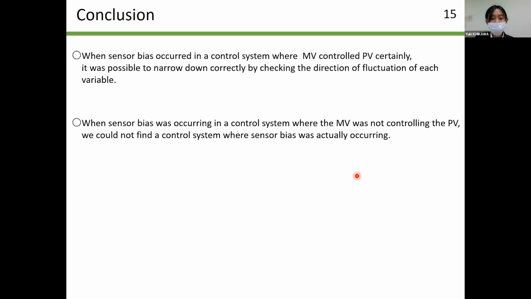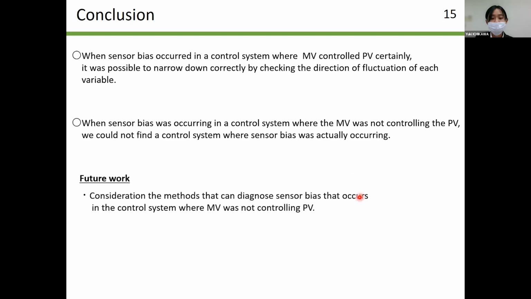It is expected that there are more such control systems in even larger chemical plants. Therefore, it is necessary to consider methods that can diagnose sensor bias that occurs in such control systems. Thank you for your attention.